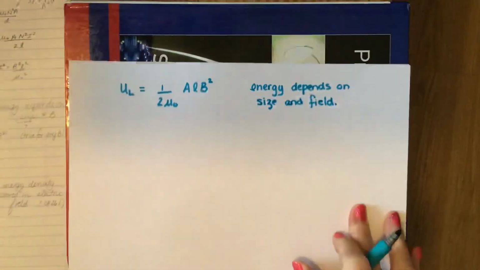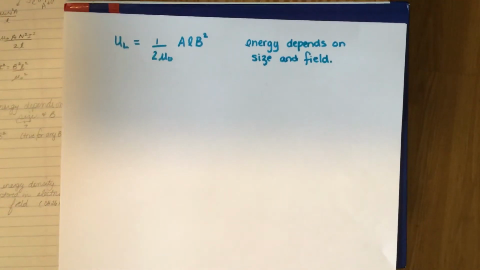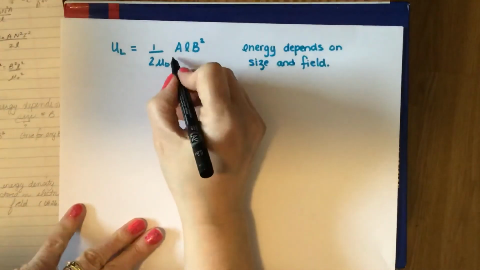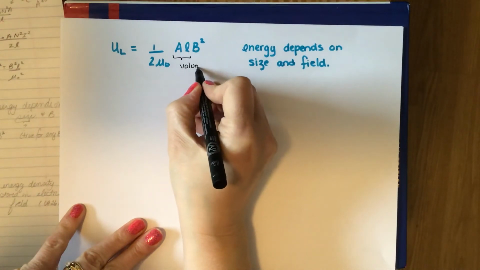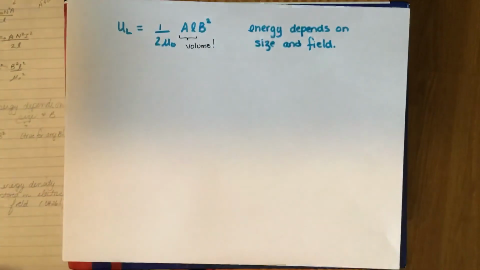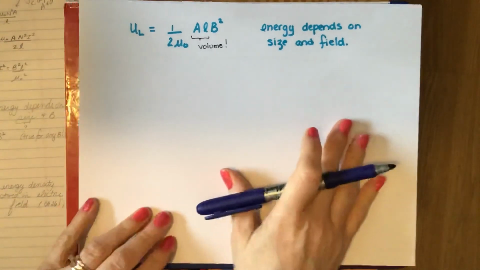So what can we do with this? If you look at area times length, that might jump out at you as volume. So just like we did in capacitors, we could write the energy density stored in a magnetic field of an inductor.